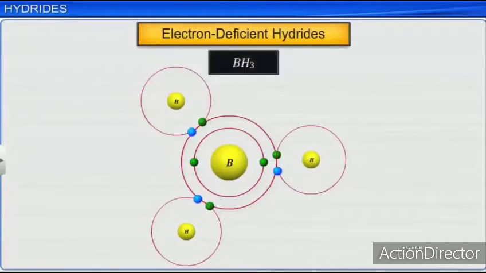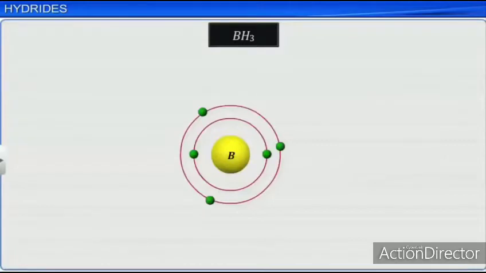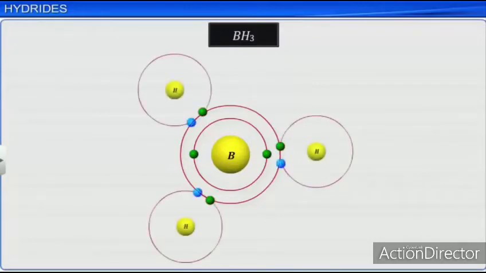The hydrides of group 13 form electron-deficient compounds. For example, in borane BH3, boron has 3 electrons in its outermost shell and forms 3 covalent bonds with 3 hydrogen atoms, resulting in an incomplete octet with only 6 electrons.